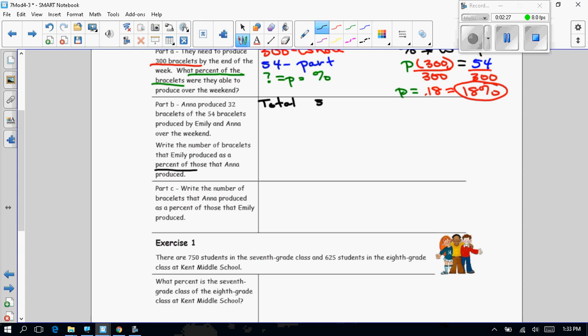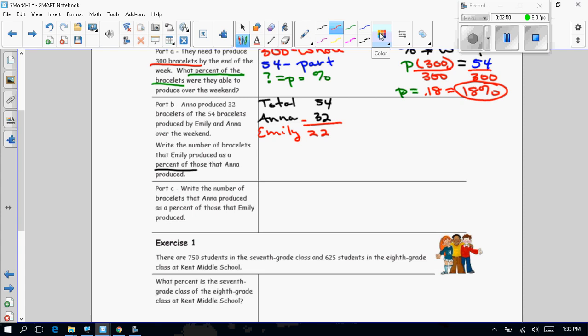They had produced 54. Anna, we are told, produced 32, which means Emily made 22. Just subtract those.